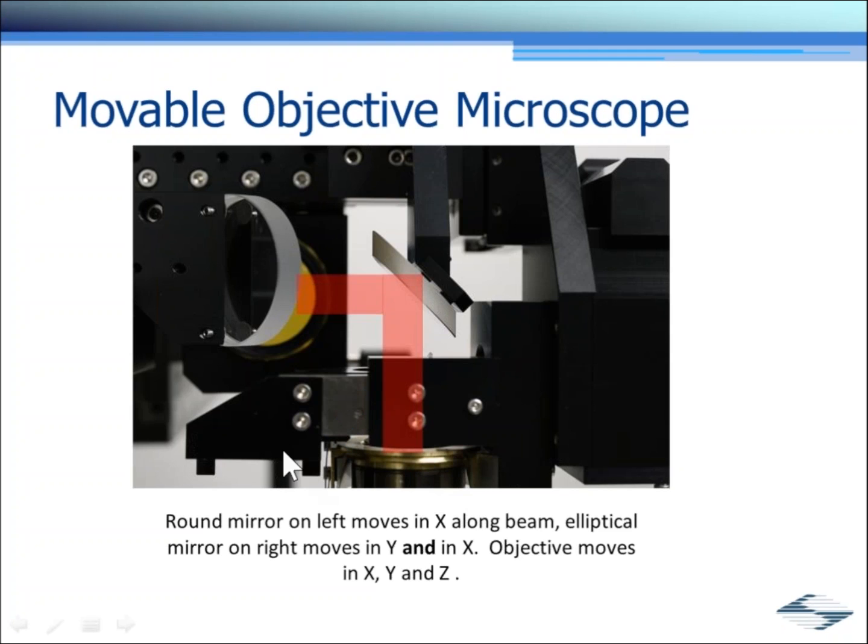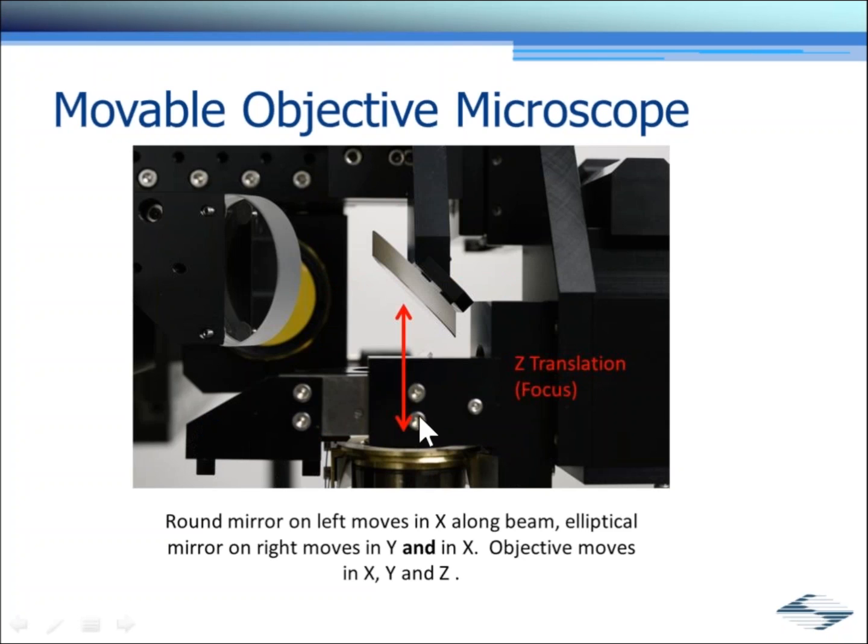So we can see a schematic, if you can imagine the light path looking something like this. What's important to realize is that the objective and this mirror above can translate together, and that would give us our X translation. You can imagine as this mirror moves left or right, it's still going to reflect the same beam down into the objective. That's the key idea behind the whole microscope head of this instrument.